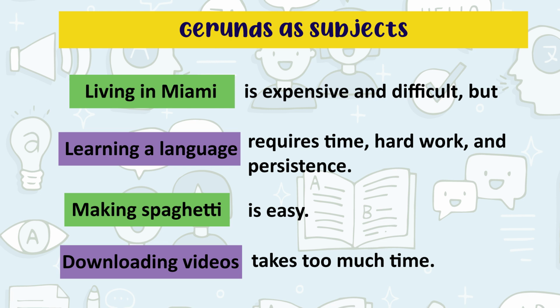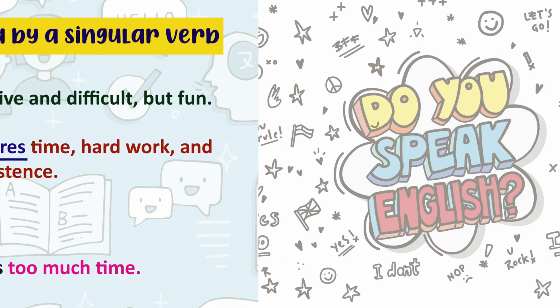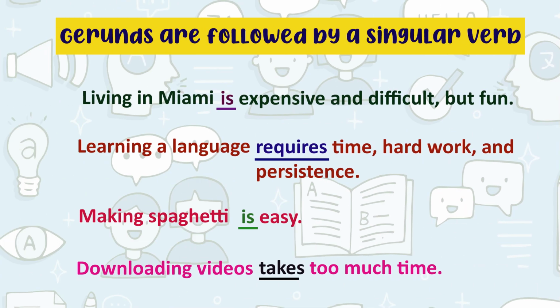Let's see why this happens. Well, gerunds are followed by a singular verb. As we saw previously in the examples, we have, in this case, an emphasis in the main verbs. Living is the gerund as subject, is the main verb.